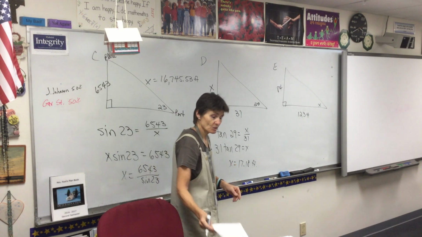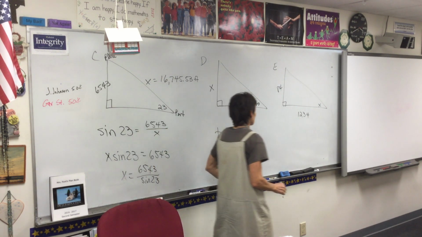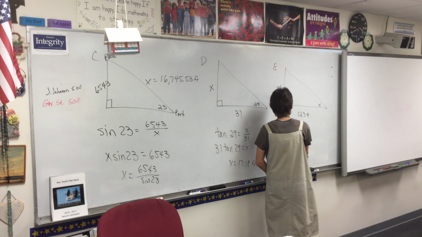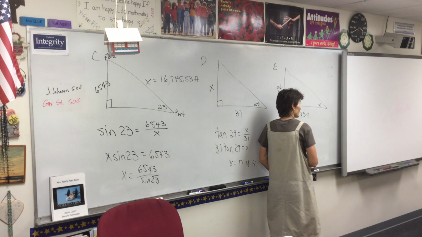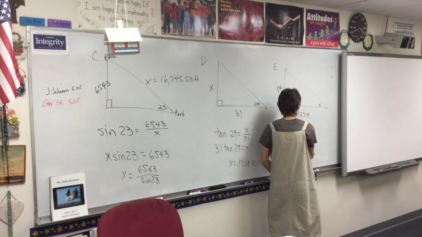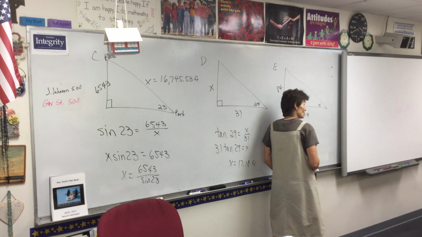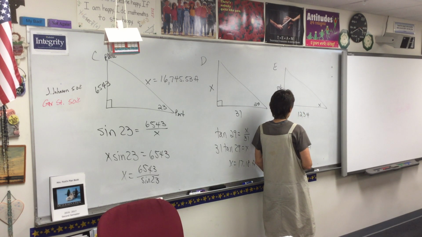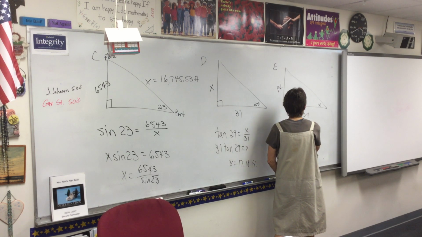Sine, cosine, or tangent? That's going to be a tangent, but this time it's going to be tan x, right? Which means I'm ultimately going to be doing my second tangent thing. So tan x equals 84 over 1, 2, 3, 4.